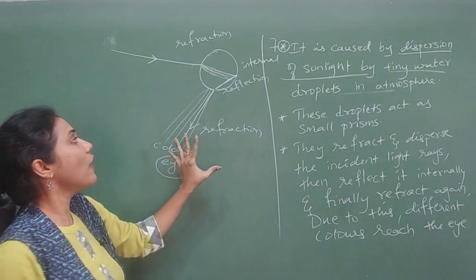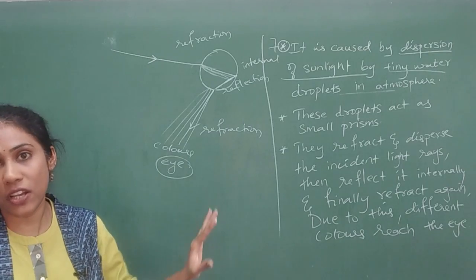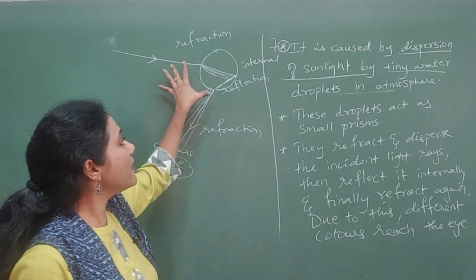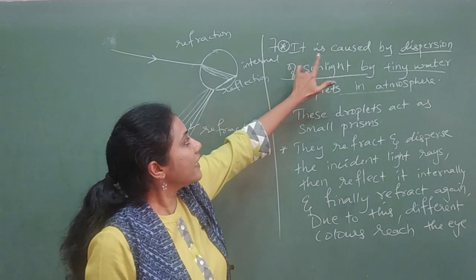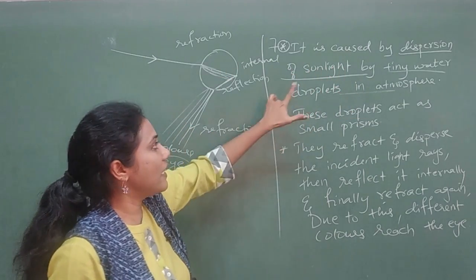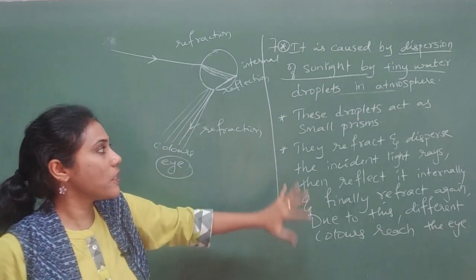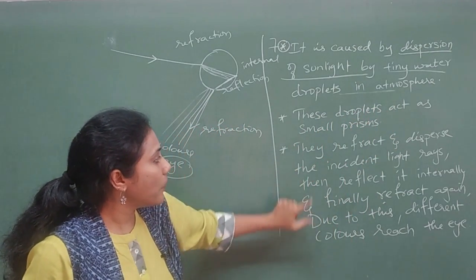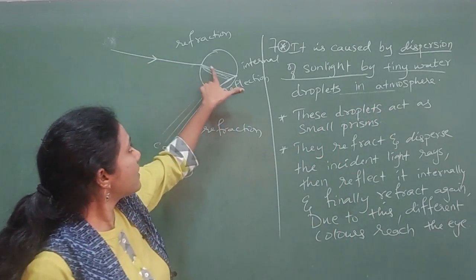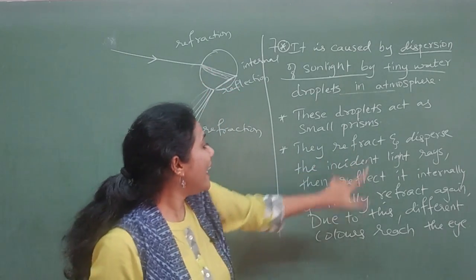So that is how rainbow is caused. Right, so these points only I have listed on the board. The first point is very clear: it is caused by dispersion of sunlight by tiny water droplets in atmosphere. Each and every droplet will act as a small prism. And look at this point, they refract, first level of refraction, and disperse.